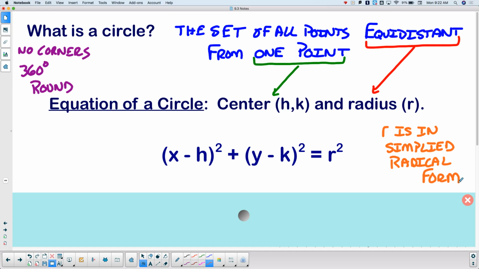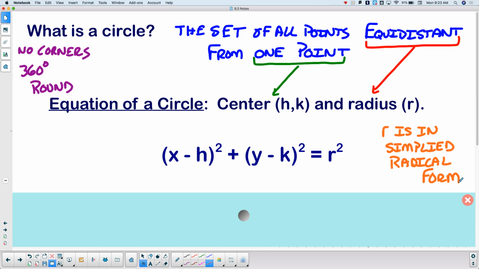Okay. So if r squared is 82, I want it to be the square root of 82, because the square root of 82 is already simplified.